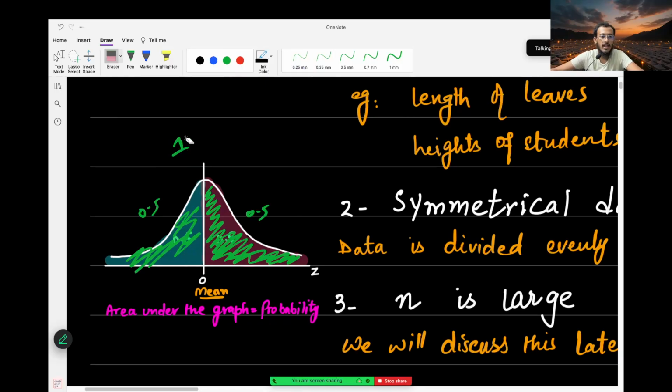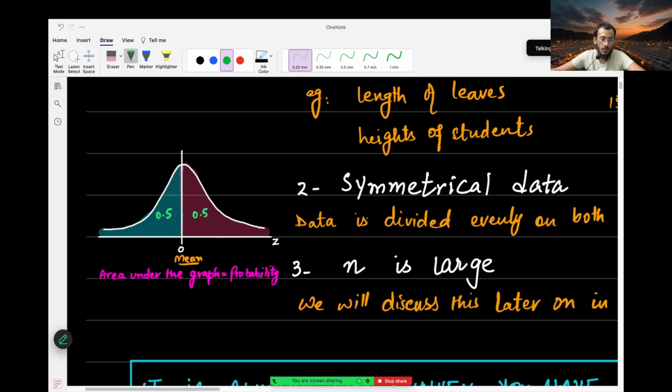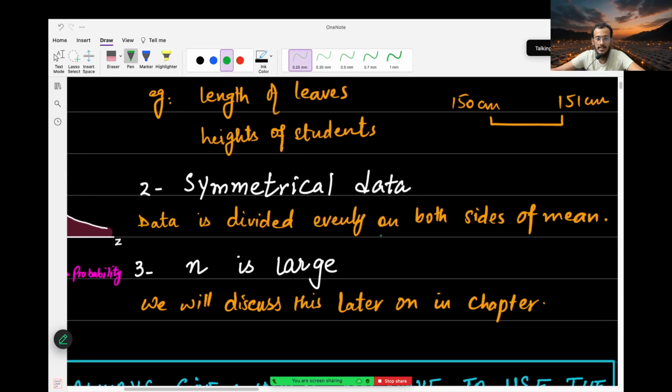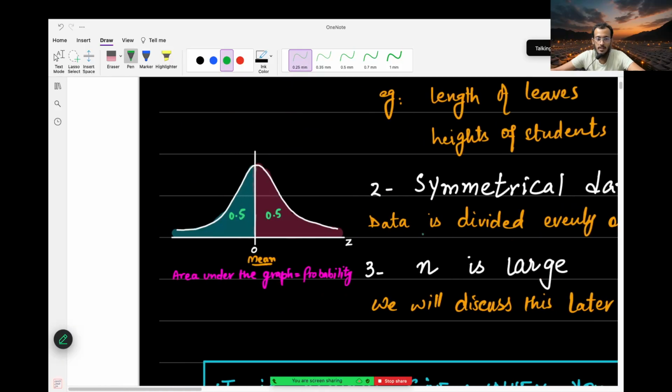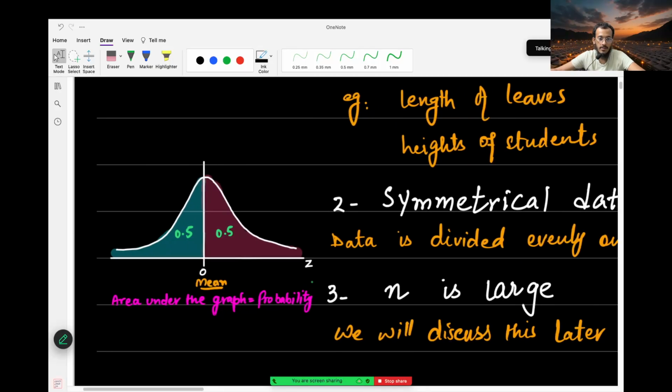So that's why the total area is equal to 1 and will not be greater than 1. So mean is in the center, okay? At z equals 0, we'll explain what that means in a moment. But here is what we mean by data being symmetrical: data is evenly divided on both sides of the mean, okay? So this is the mean, and area under the graph represents probability. I know it doesn't make any sense now, but you will understand the reason for all of this, okay?